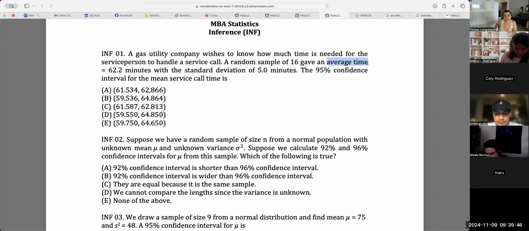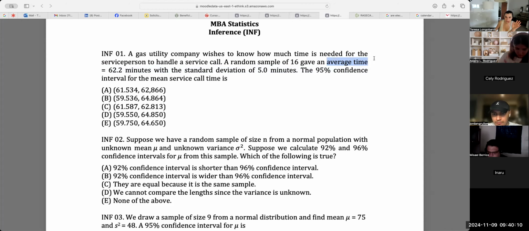Often it's with the average that you work, so I end up spending considerable time on it. Not that you should forget about proportions, but you need to distinguish between them, that is the most important thing. And this inference document, this homework document, is mostly about averages, but that doesn't diminish the significance of working with proportions. So step 1, read: is it about a proportion or is it about a mean?